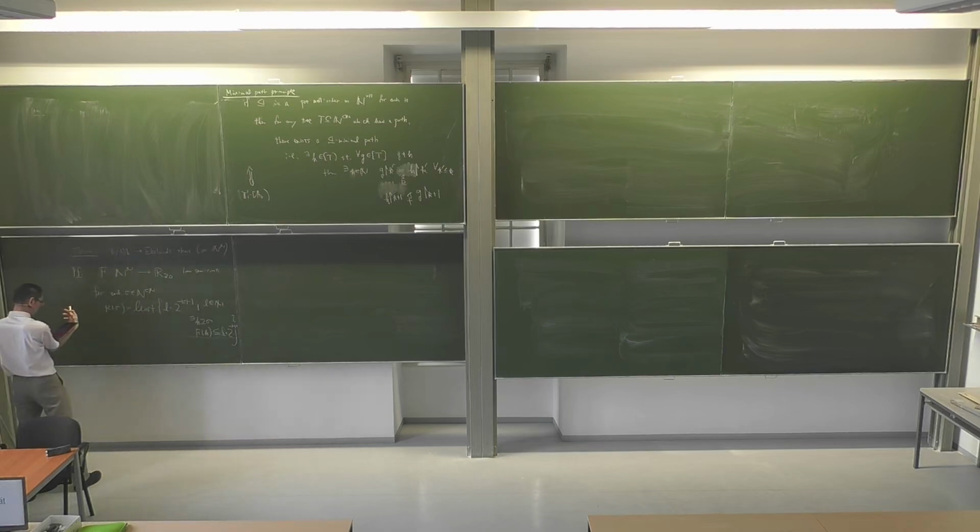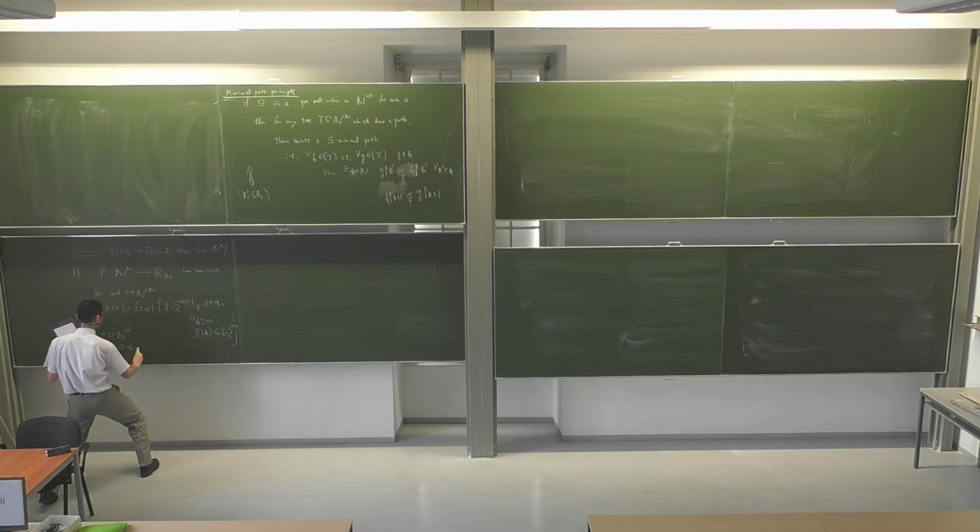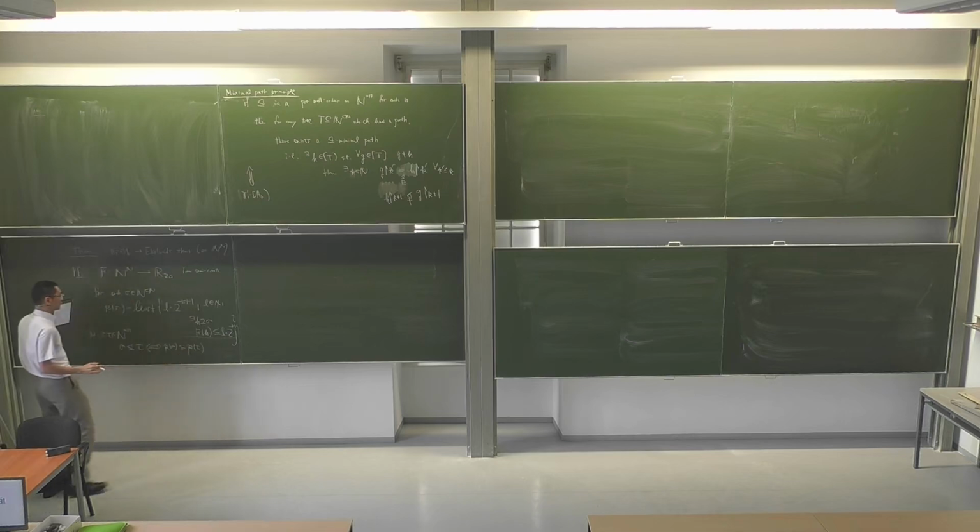And then for sigma and tau at the same level, we define sigma is smaller than tau by just comparing the size of this value. We define the order using this value.